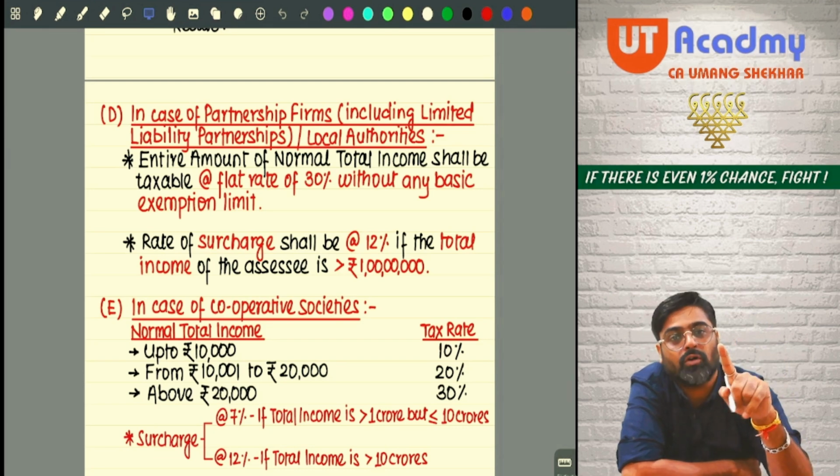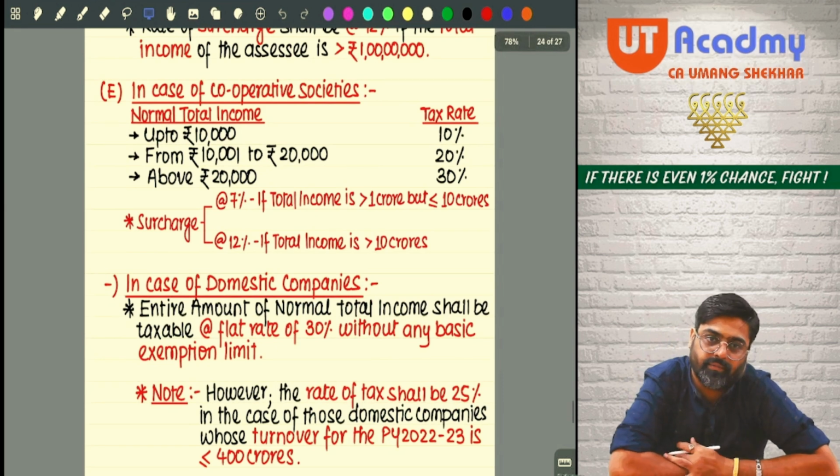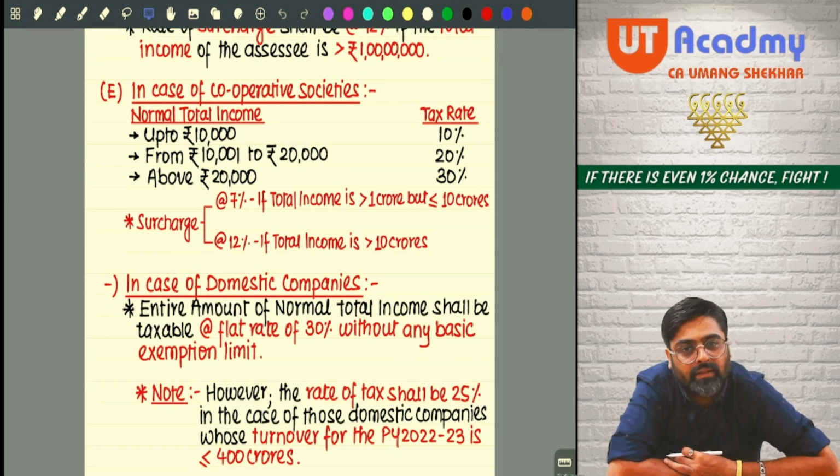But for cooperative societies the tax rates are different. Up to 10,000 of their normal total income, they will pay 10%. If their normal total income exceeds 10,000, then for 10,000 to 20,000 rupees of their total income, they will pay 20% tax. And on their total income which exceeds 20,000, on that entire excess amount, they will pay 30%.